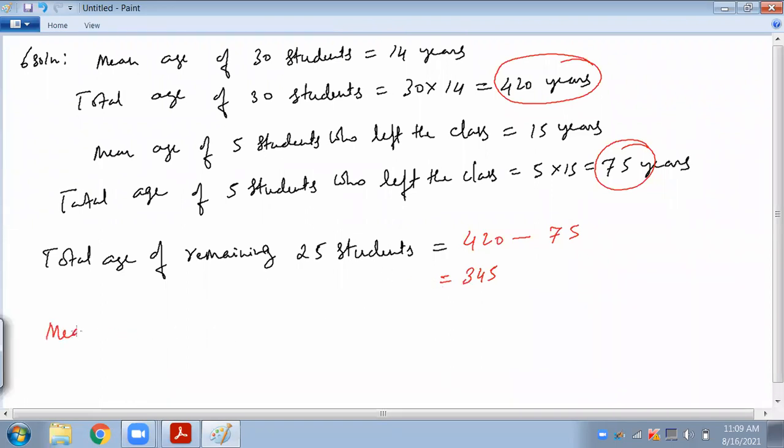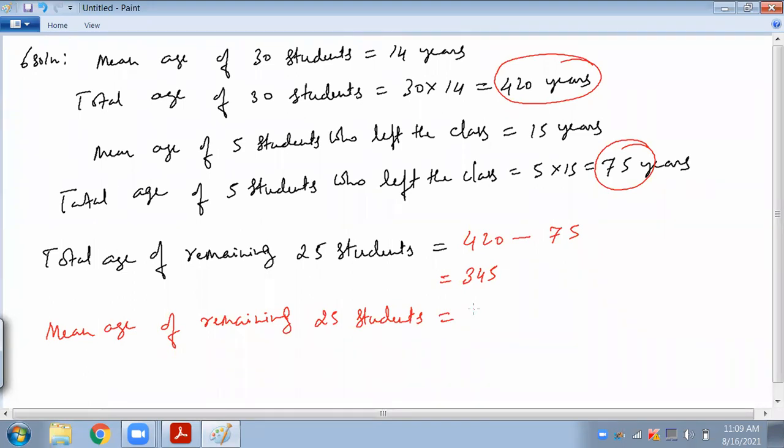So the mean age of the remaining students: if we divide the total age of the remaining 25 students by 25, we can find the mean age of the remaining 25 students.